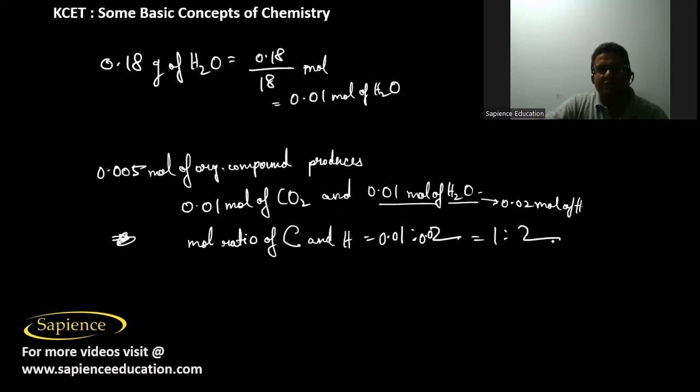So therefore it is 1 is to 2. The mole ratio of carbon and hydrogen is 1 is to 2 in the compound.